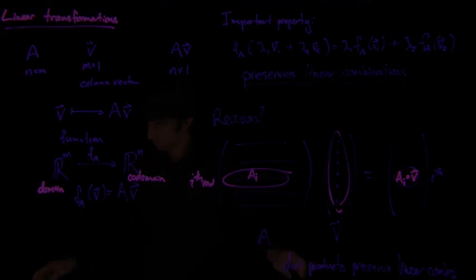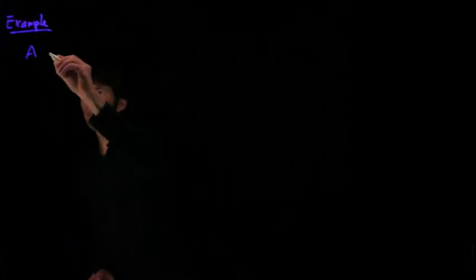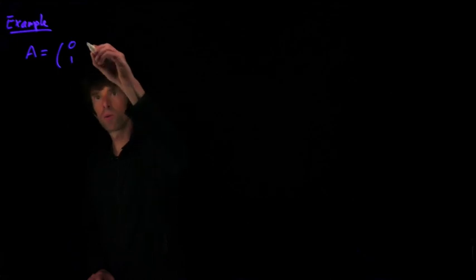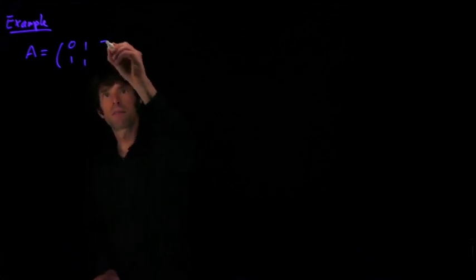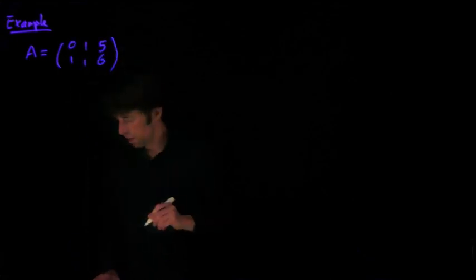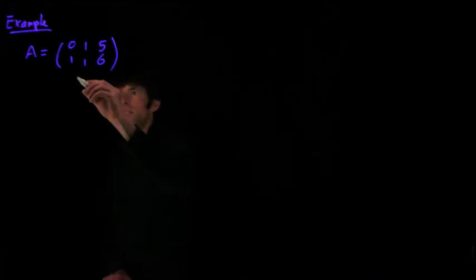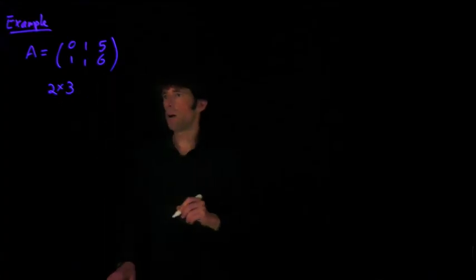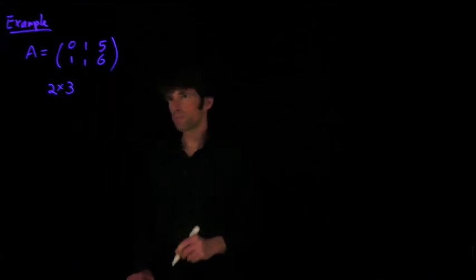Let's look at an example. So I'm going to take my matrix A to be [0, 1, 5; 1, 1, 6]. So there's my matrix. This is a matrix that has 2 rows and 3 columns, so it is a 2 by 3 shaped matrix.